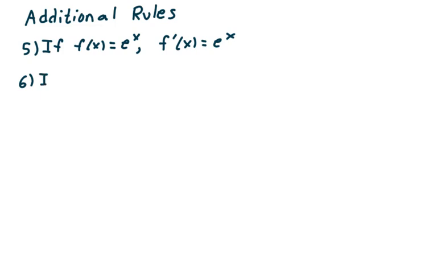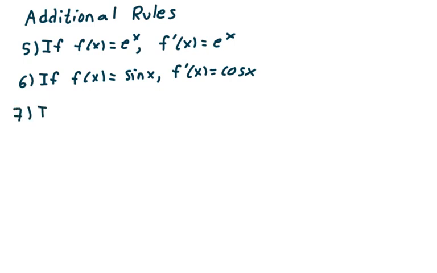Number 6, if f of x is equal to sine x, f prime of x is cosine x. And then last one, number 7, if f of x is equal to cosine x, the derivative of f of x is negative sine of x.